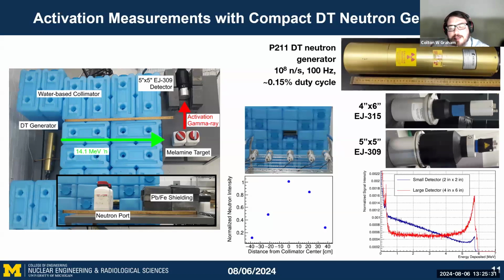So what that does is it takes the relatively sharp Compton edge of full energy deposition in a larger detector and translates that into a basically sloped response, which you can see in the simulated energy deposition profiles comparing a large to small volume of EJ309 or EJ315 in the figure in the bottom right here.